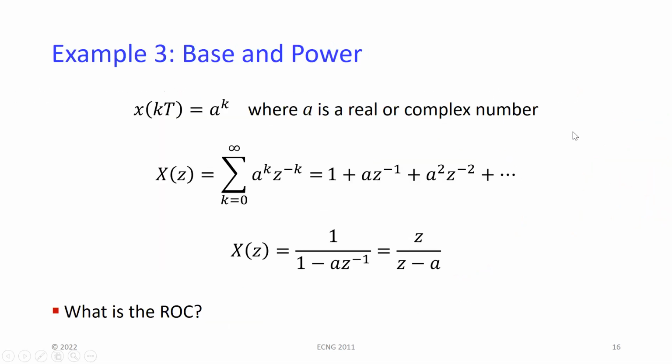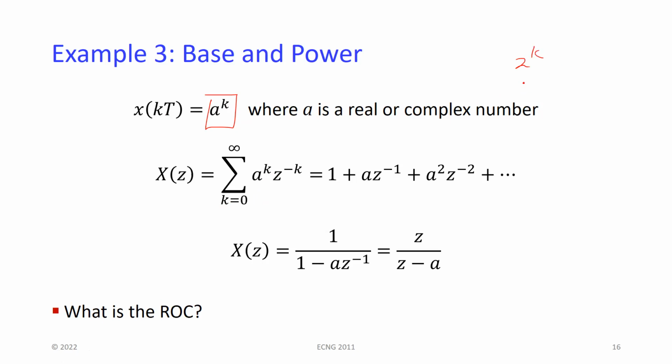The other one, and we could end with this quick example and then go on to the other part of today's lecture: what if a sequence of numbers is a to the power k, where a is a real or complex number? Let's say 2 to the power k.